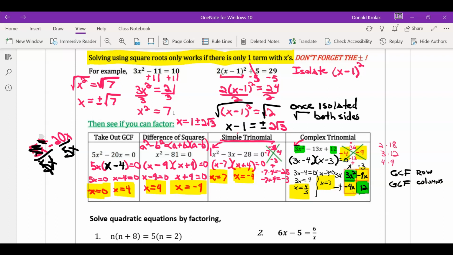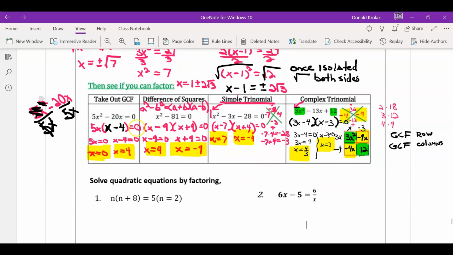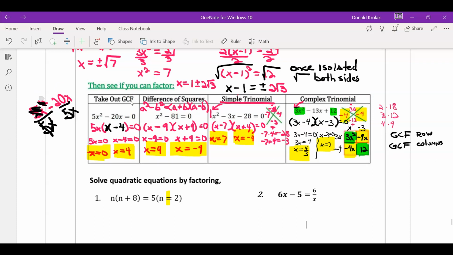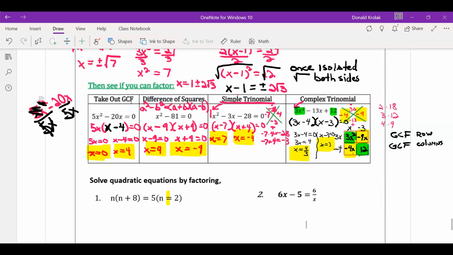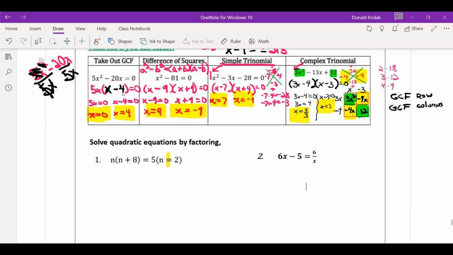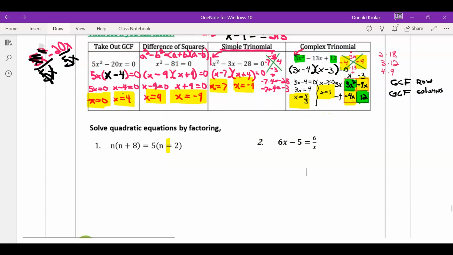This one's got a typo on it. That should be n plus 2, not a minus 2. Or an equals 2, that doesn't make any sense. So change that to a plus.